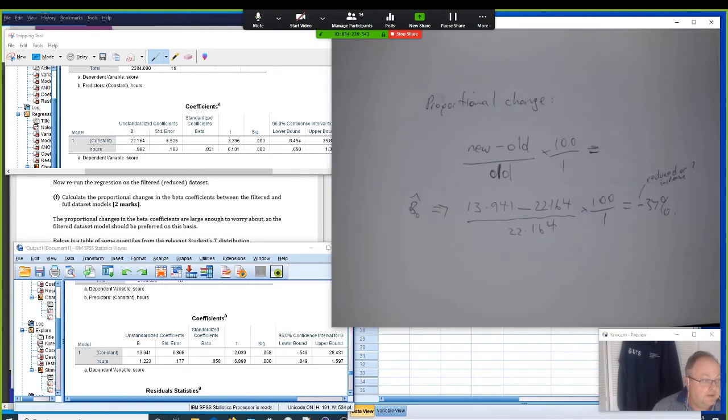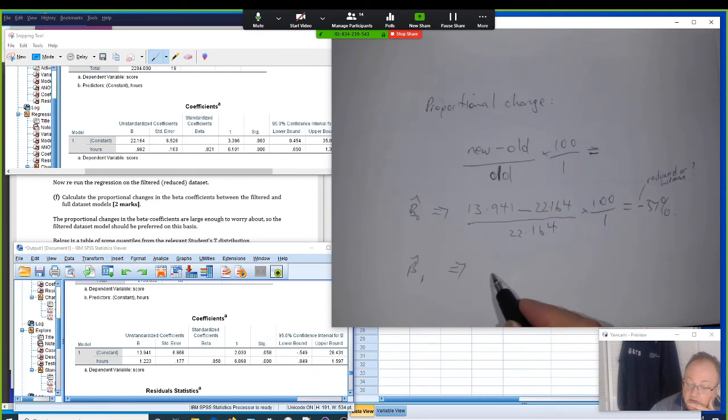What about for beta 1? What about for our estimator for beta 1? Let's see what that is, because beta 0 is only where it crosses the y-axis. This is the gradient, the one that's probably more interesting.